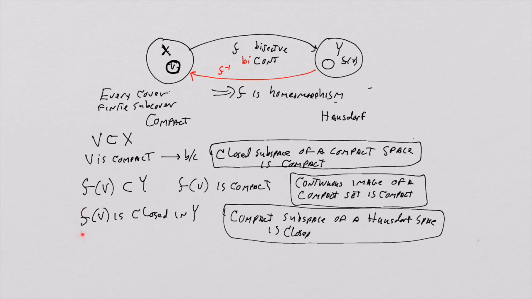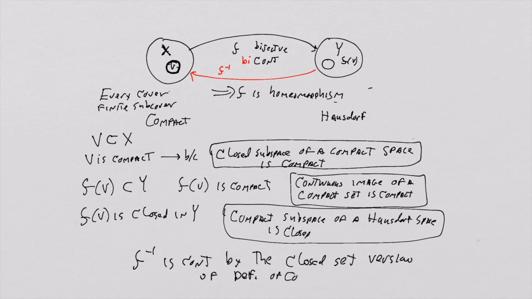We now know that F of V is closed in Y, and by our presumption, V was closed. We started with the presumption that V was closed. So F of V is closed. So we know F takes closed sets and gives us closed sets, which proves that F inverse is continuous by the closed set version of the definition of continuity.